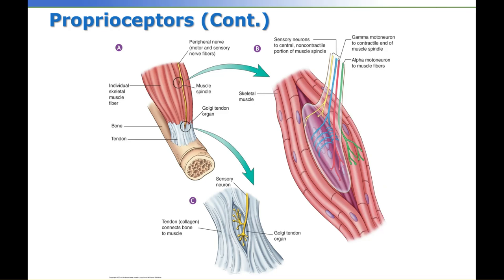What happens is that the muscle spindles are responsible for stretch. They provide mechanosensory information about changes in muscle fiber and tension, and then you have the Golgi tendon organ that deals with the tension of the muscle. We'll talk about that shortly. Okay, we'll just go into that a little bit.